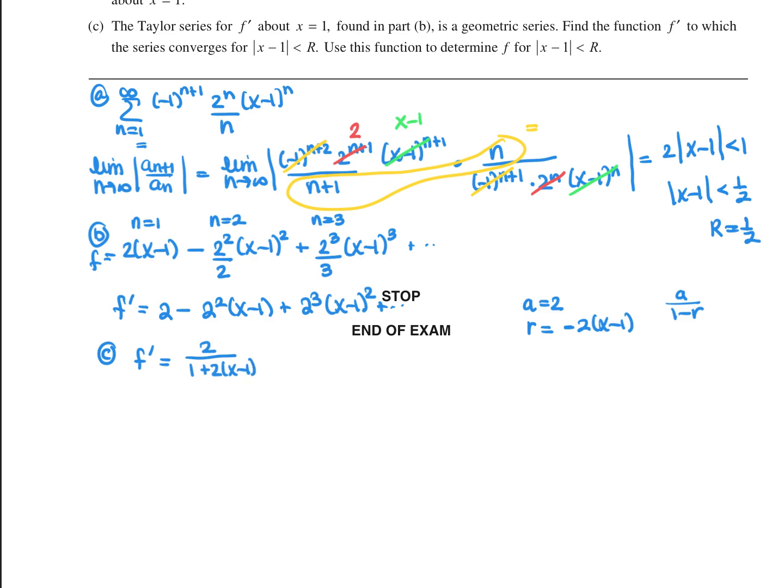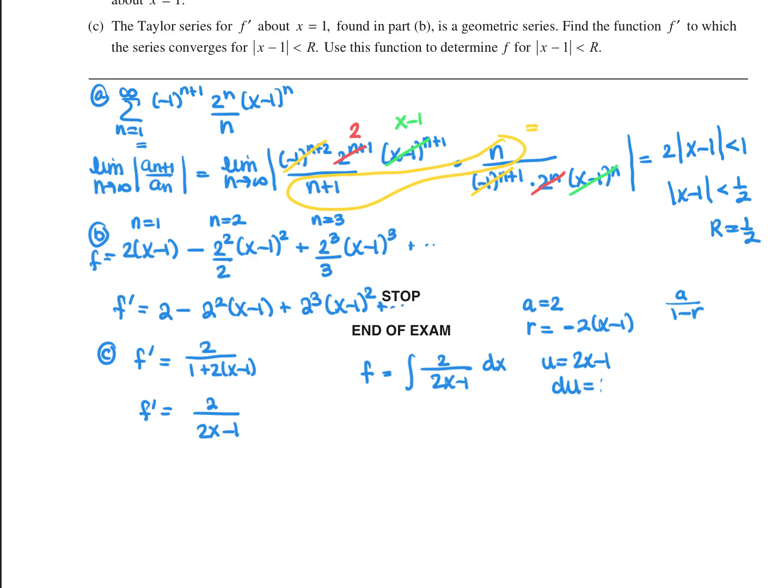They want me to integrate this, so I'm first going to simplify it. So when I integrate that, we're really going to do a u substitution. Our u is going to be 2x minus 1, so our du will be 2 dx.